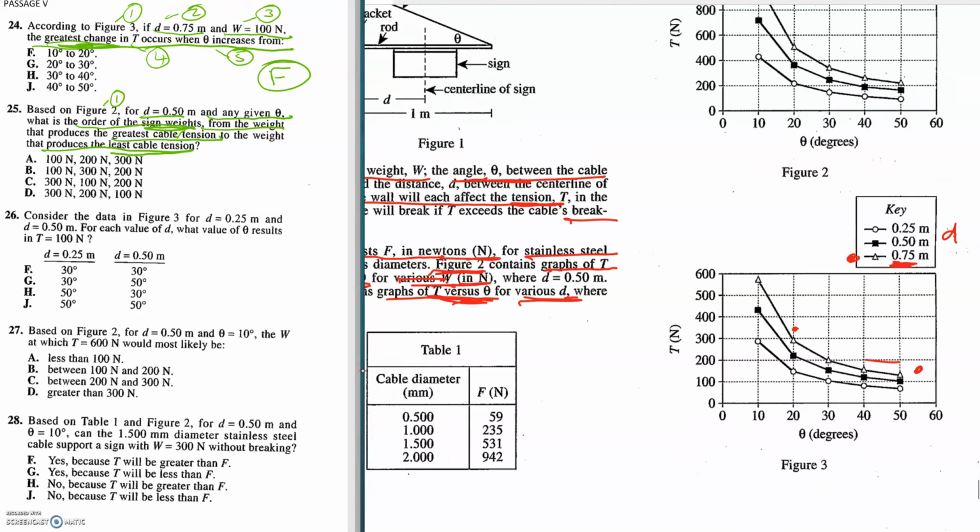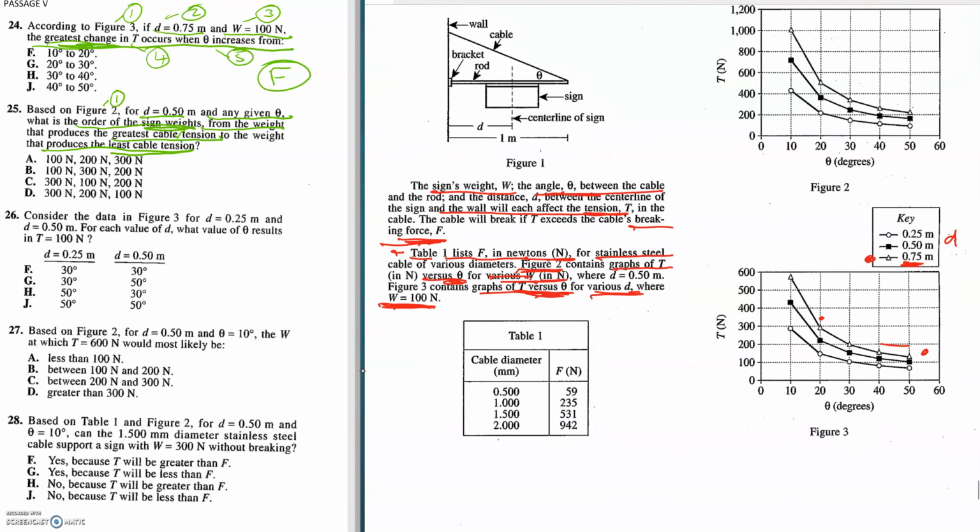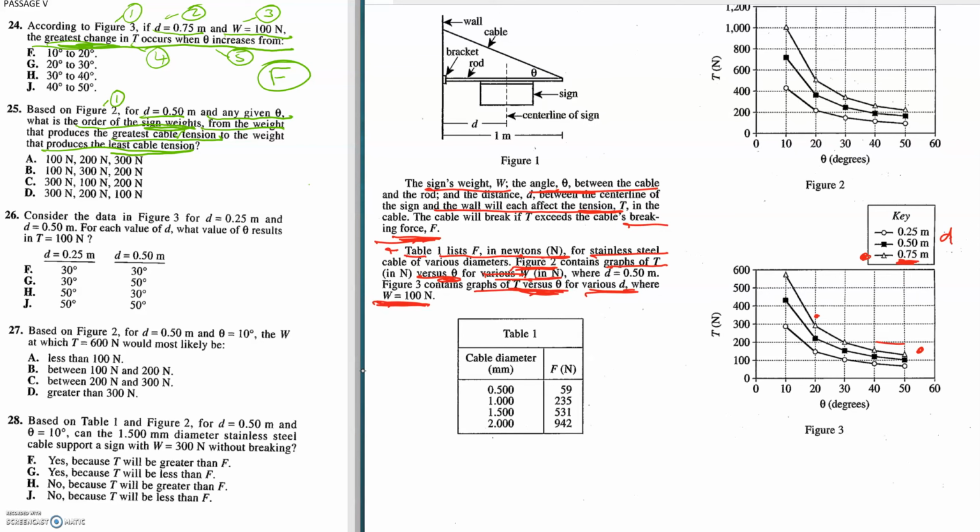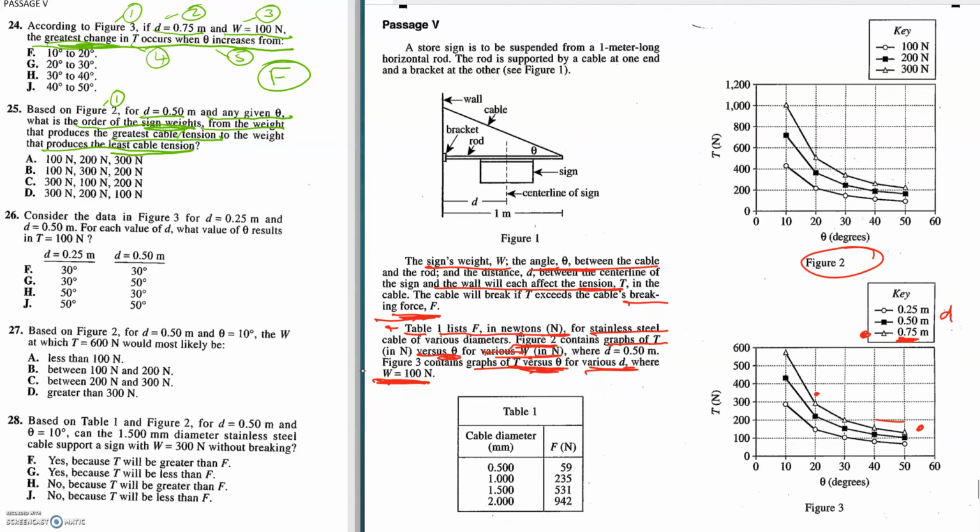Alright, I'm probably going to have to read a wee bit about figure 2 again, because let me see. So I'm going over to the right hand side. I need figure 2. So that's this one here. What does it say about figure 2?